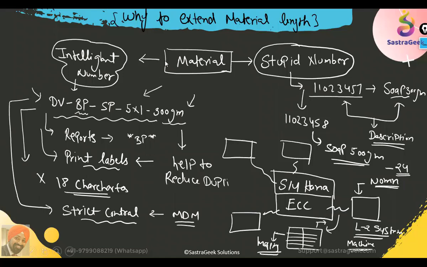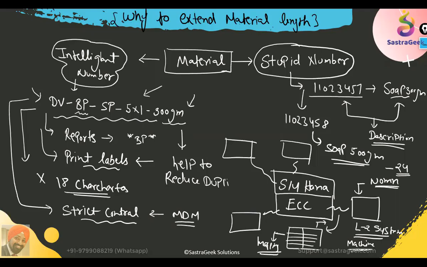So the first thing we discussed was why we need to extend material length, why it is required to go with bigger material lengths. We said there are two concepts, intelligent numbering concept and stupid number concept. Because of that, organizations want intelligent numbers.